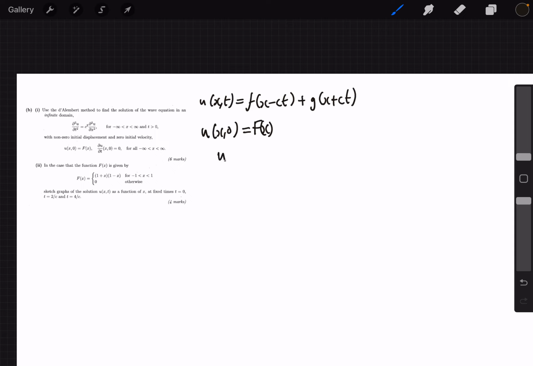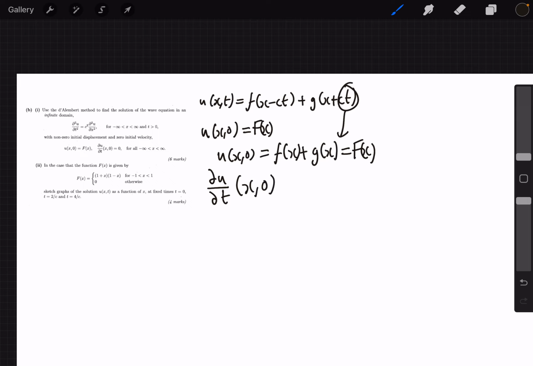Therefore u(x,0) equals f(x) plus g(x) equals f(x), because we're assuming these questions equal 0, so therefore it's just f(x) and g(x). The other initial condition is that the partial derivative with respect to t, when t is 0, also equals 0 for x between negative infinity and infinity.